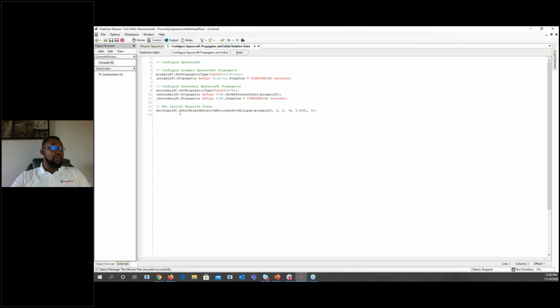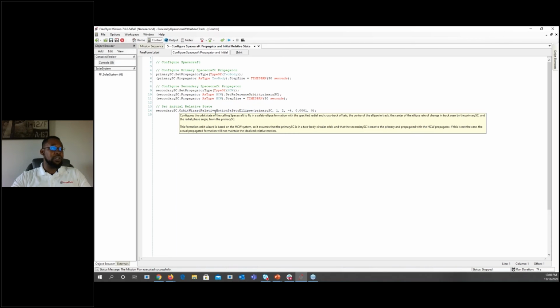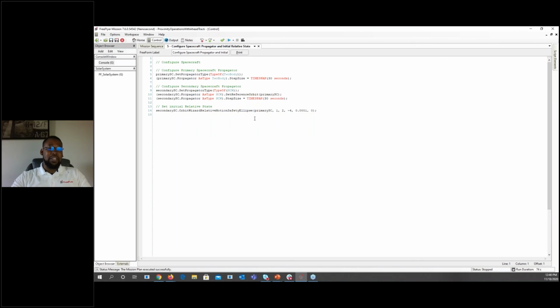And then finally, we're setting an initial relative state for our secondary spacecraft using our built-in orbit wizards. In this case, it's the safety ellipse orbit wizard. So this is the entirety of setting up our initial relative motion and the orbit that we are going to be using for that relative motion and what we saw in the beginning.